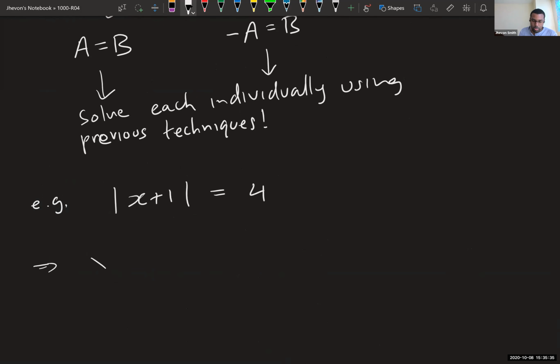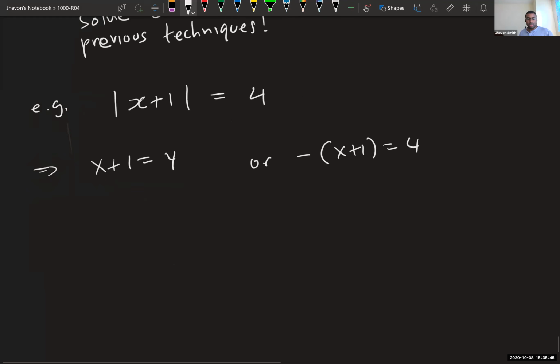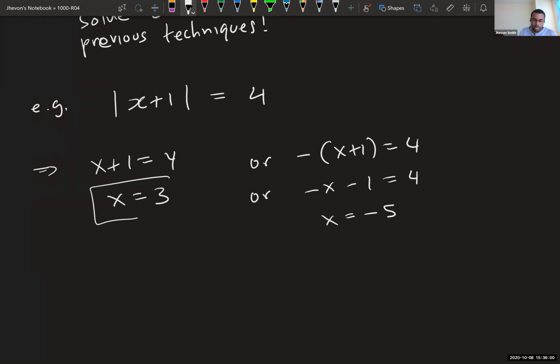So this means x plus 1 equals 4, and that's in the case when your x is larger than -1. Or I can have minus x plus 1 equals 4. In the first scenario, I have my x equals 3. Or in the second scenario, I'd have minus x minus 1 equals 4, and so I would get x equals -5. And so I have these 2 possible answers.